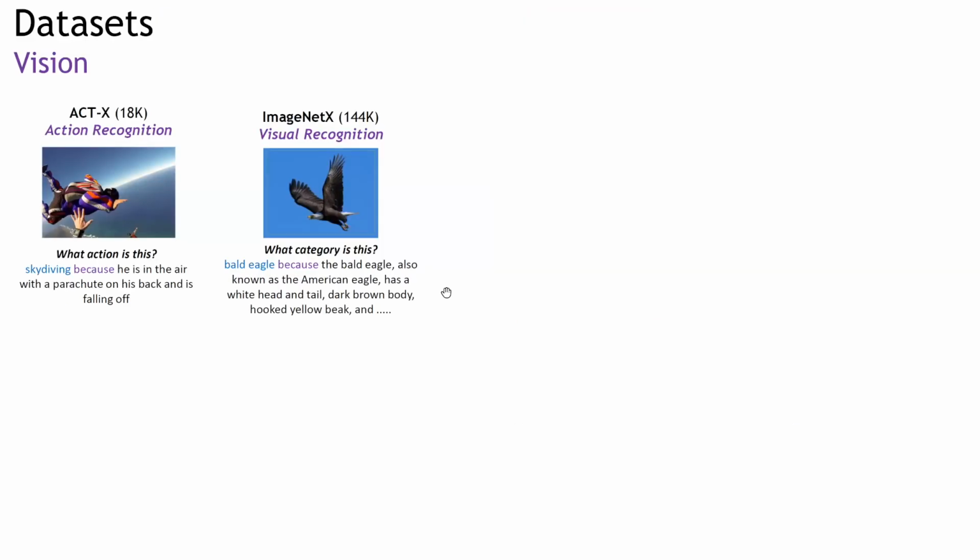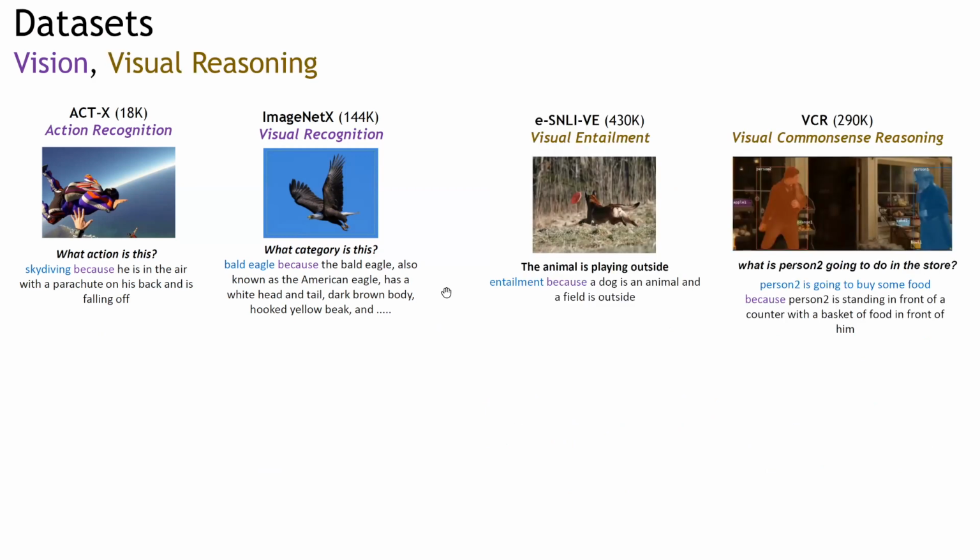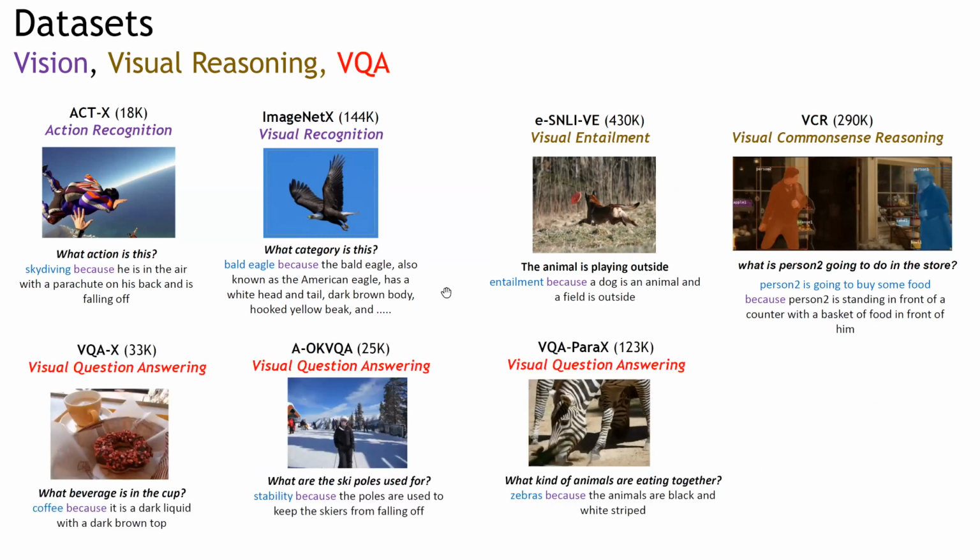The datasets that we're going to train on are 7 datasets. We have 2 vision datasets, action recognition and visual recognition. We have 2 visual reasoning tasks, visual entailment and visual commonsense reasoning, VCR. And we have 3 visual question answering tasks.